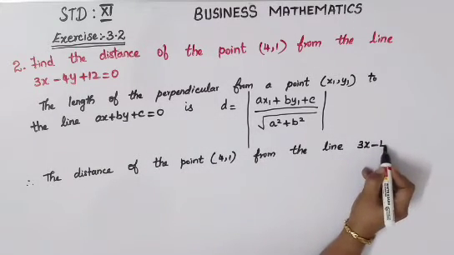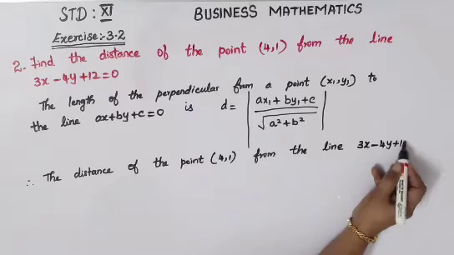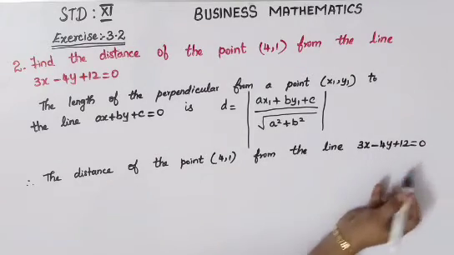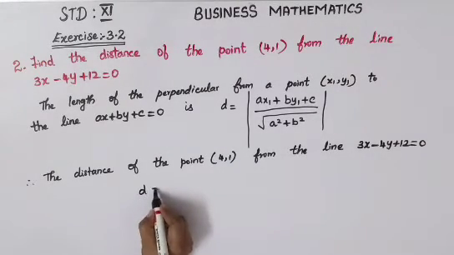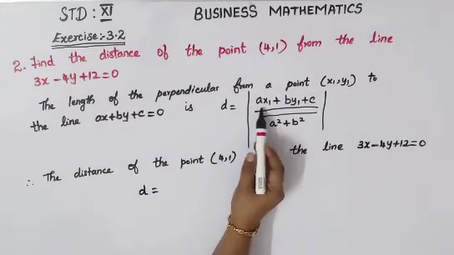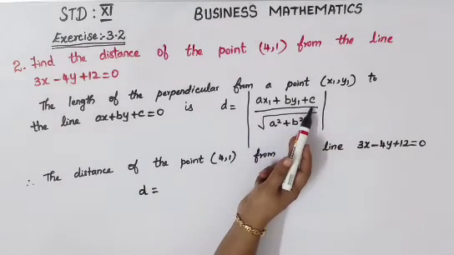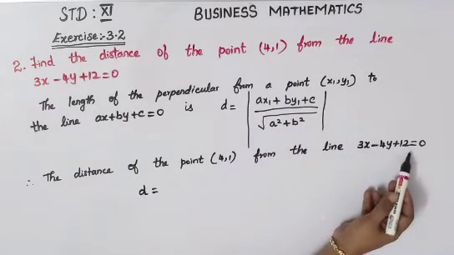So 3x minus 4y plus 12 is equal to 0. So therefore your d is equal to ax1 plus by1 plus c. Instead of that you can write this value, okay.